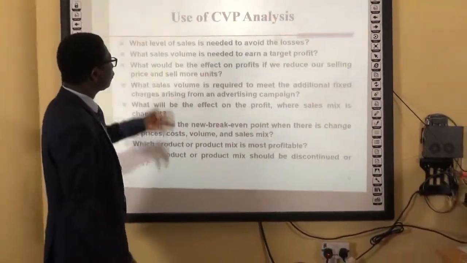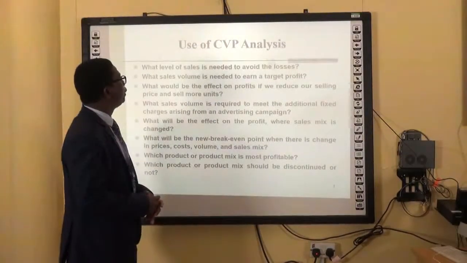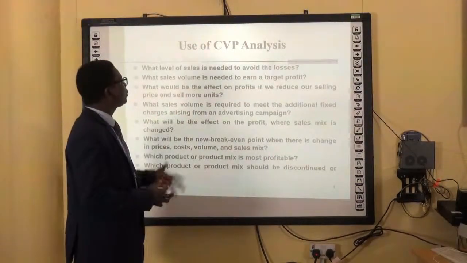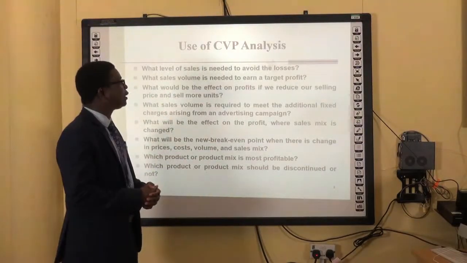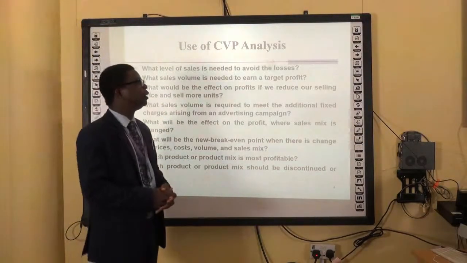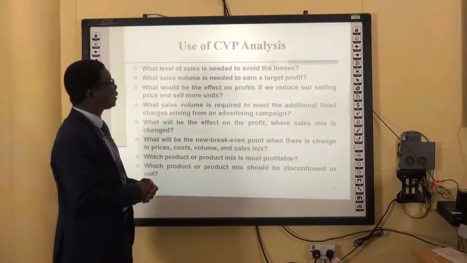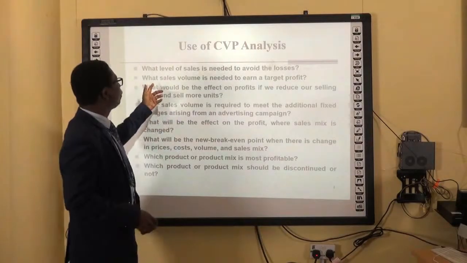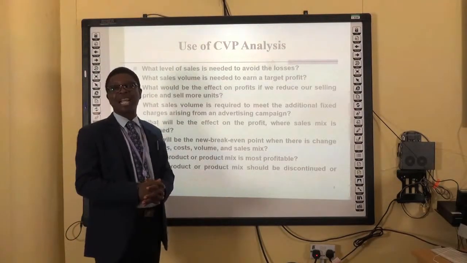Good. Other questions that we answer through the use of the cost volume analysis is what level of sales is needed to avoid the loss or the losses, and that is the break-even sales value. What sales volume is needed to earn a target profit?